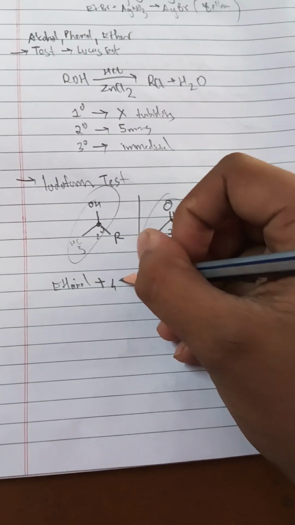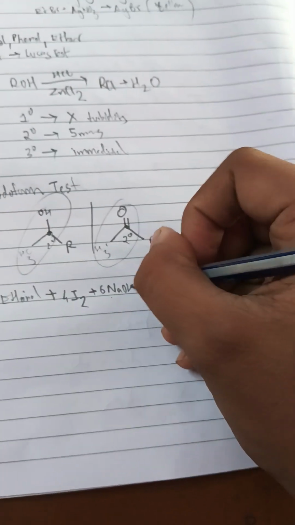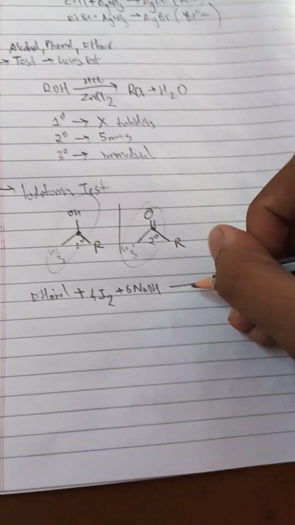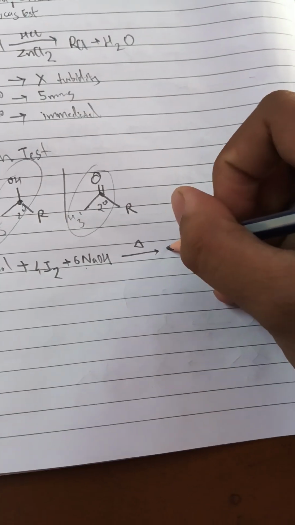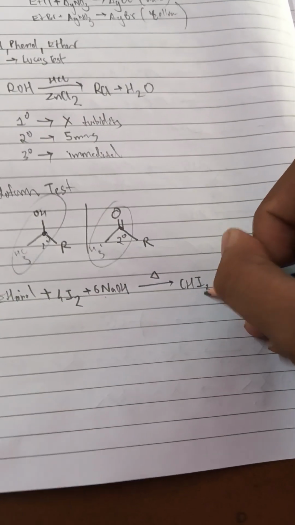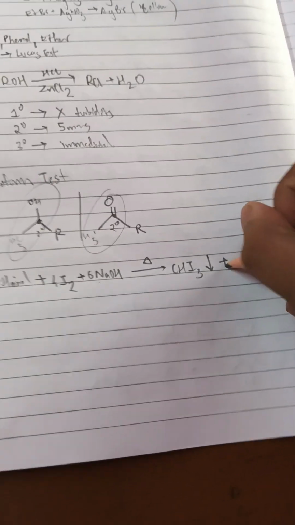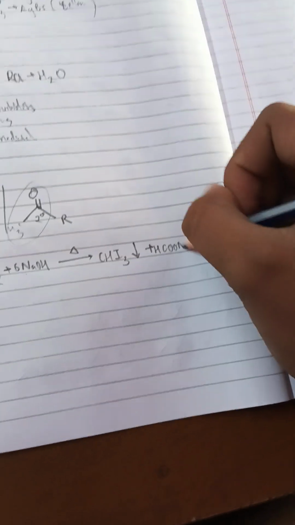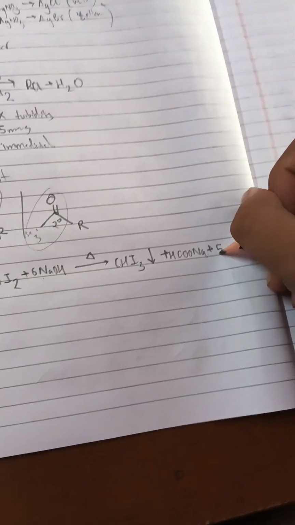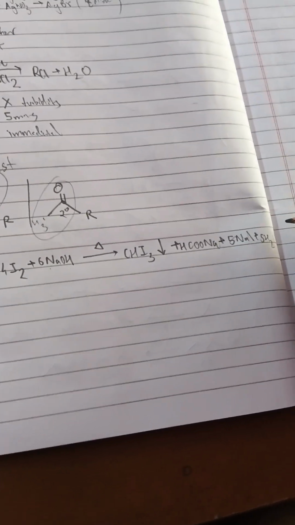So we can see that ethanol plus 4I2 plus 6NaOH, heated, gives iodoform, which settles down and will precipitate. You should remember that. Plus HCOONa plus 5NaI plus 5H2O. This is the reaction.